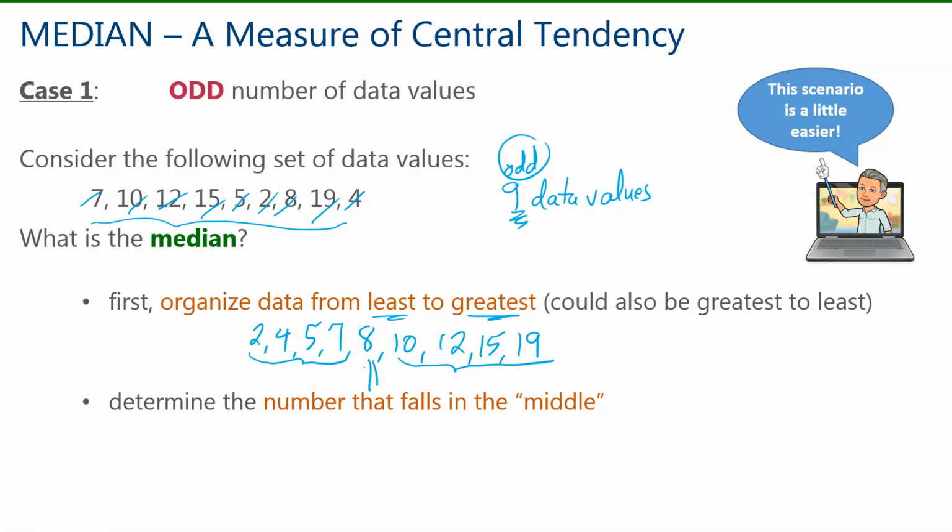That leaves me with 1 piece of data in the middle. So in other words, I have 4 pieces of data to the left of 8, and 4 pieces of data to the right of 8. There is a distinct middle value. Therefore, the median equals 8. This is the number that we have found to be representative of that entire data set.